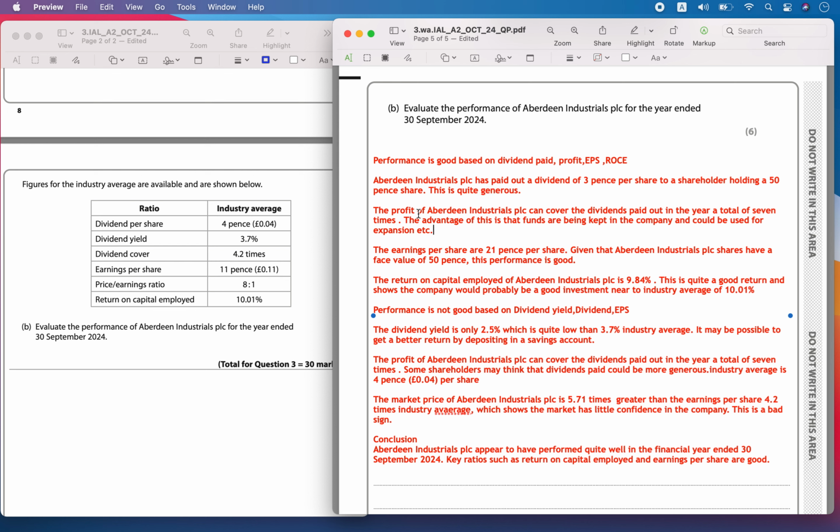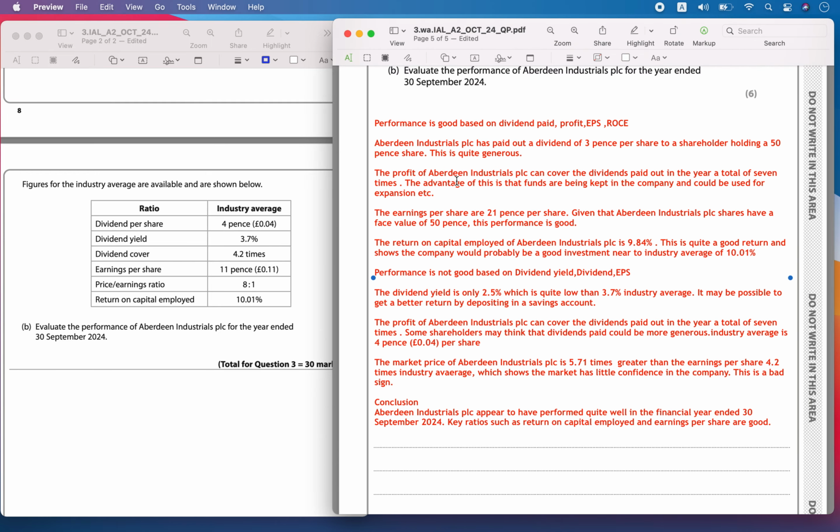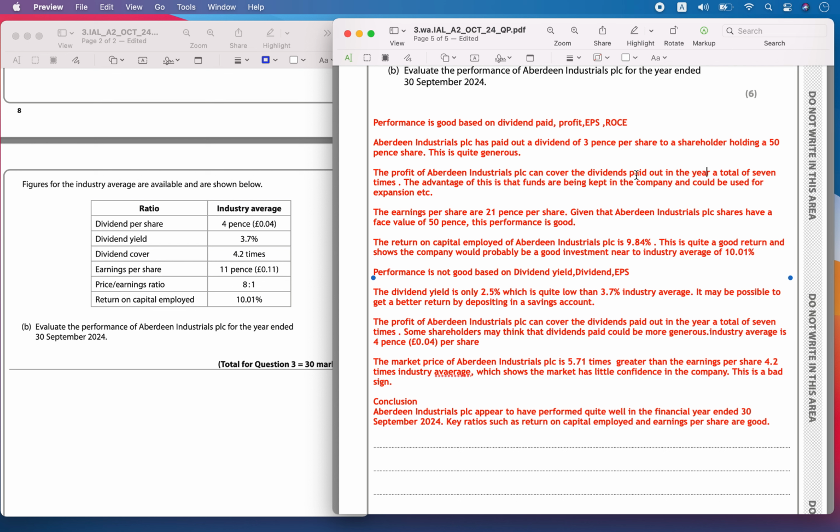Then the profit can cover the dividends paid out in the year a total of 7 times. The advantage of this is that the funds are being kept in the company and could be used for expansion. It is approximately equal to 7 times, which we had calculated from the dividend cover.